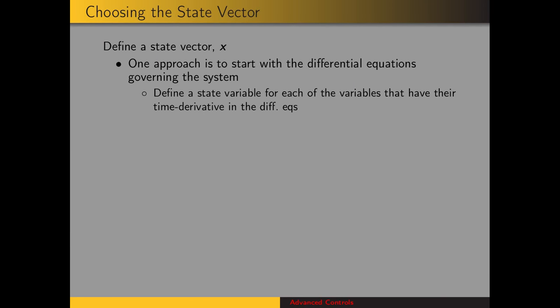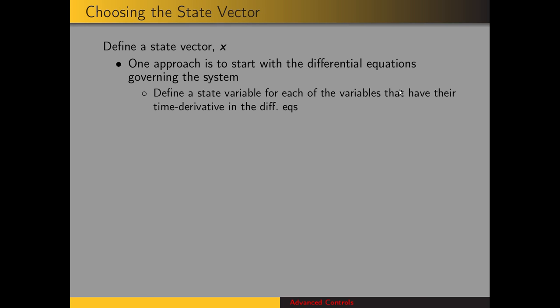Let me take a second to go over some rules or guidelines for creating the state space representation, specifically the state vector. You need to choose that subset of system variables that's going to make up the set of state variables, or the state vector. One approach is to start with the differential equations governing the system.